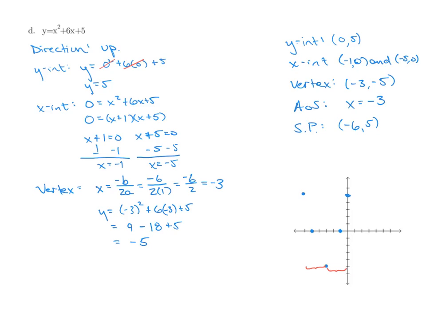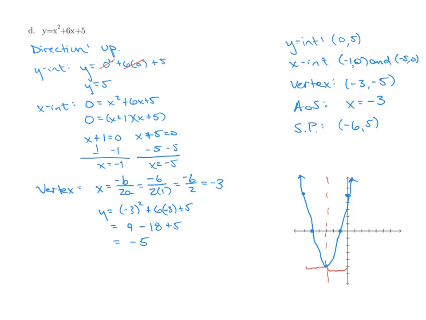All right, if we go ahead and graph this now, we should get something that hopefully looks better than this. We want to go ahead and graph our axis of symmetry. Our axis of symmetry cuts our graph like that.